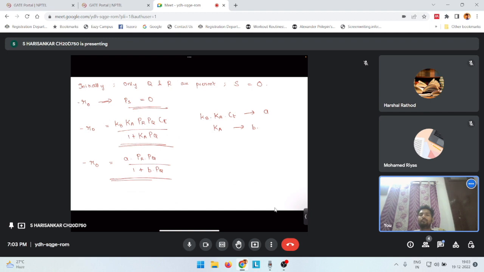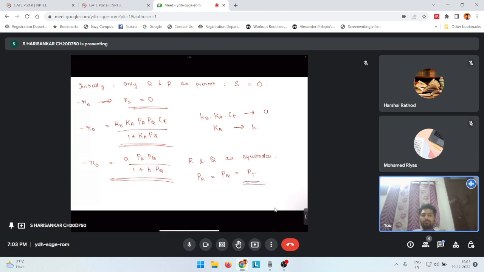Okay. So now, since they have given in the question that R and Q are equimolar in the system, that means we can take PR equal to PQ and that will be equal to the pressure PT.